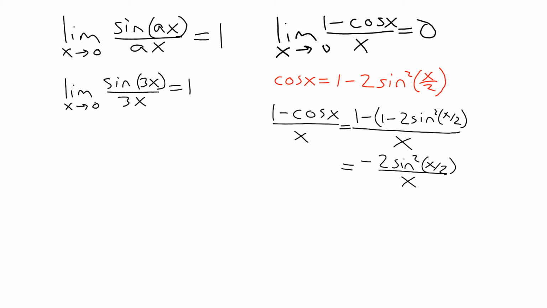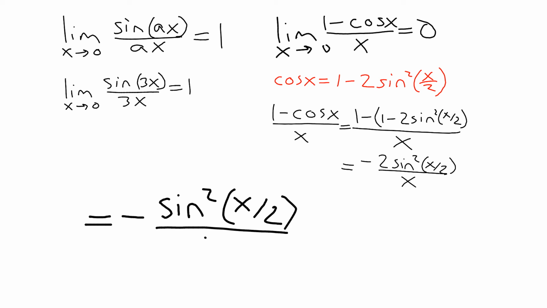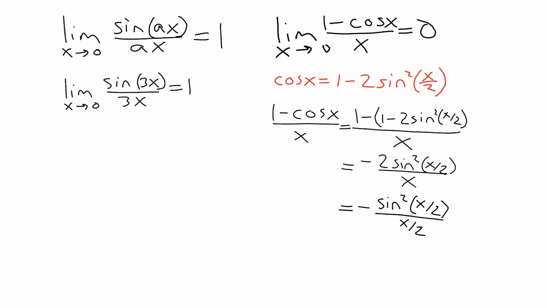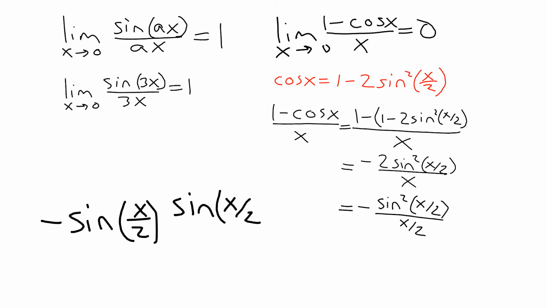And now let's flip that 2 so that we see this is equal to negative sine squared of x over 2 all over x over 2. And a more convenient way to write this for us is to write it as minus sine of x over 2 times sine of x over 2 over x over 2.